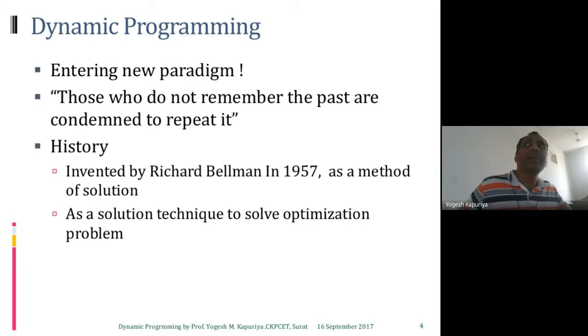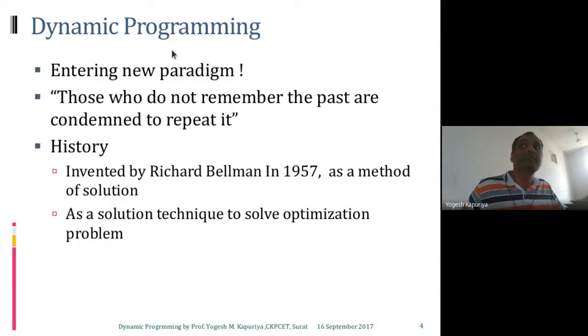It was invented in 1957. When I say it was invented, it means this approach was first introduced. Obviously, the first time it was a single problem solution, but later on it was found that it can be converted into a dedicated approach by which you can solve not just one problem, but multiple problems as well.